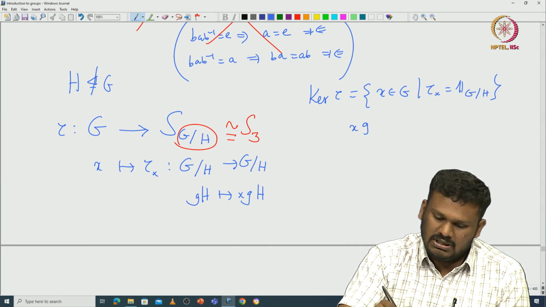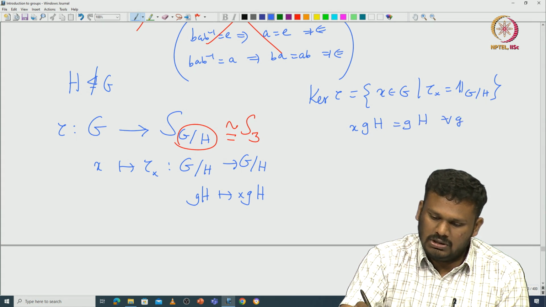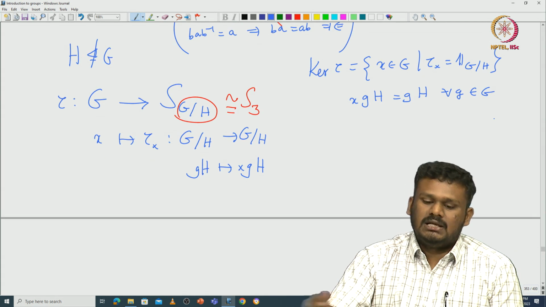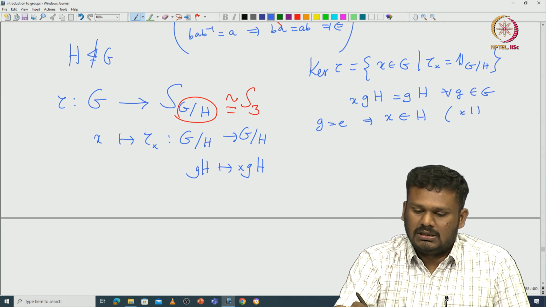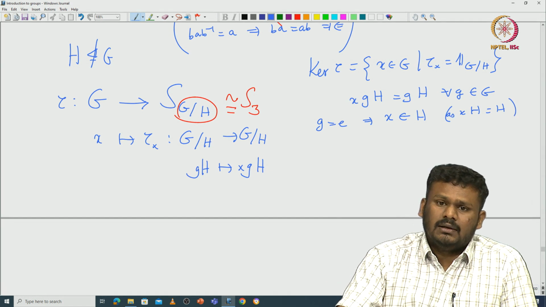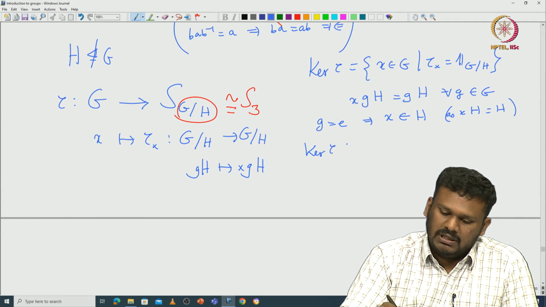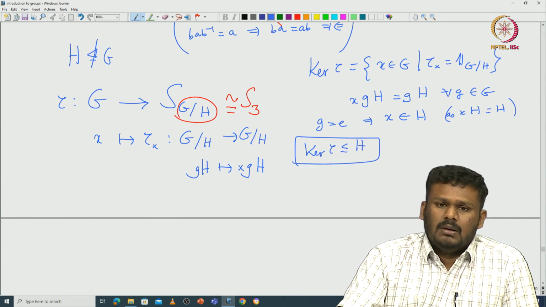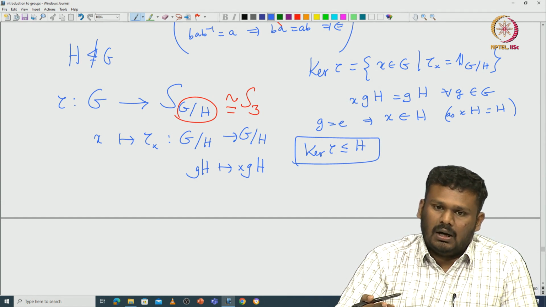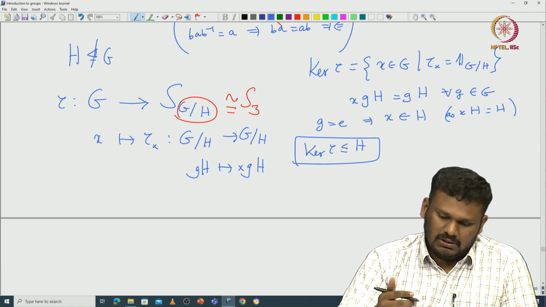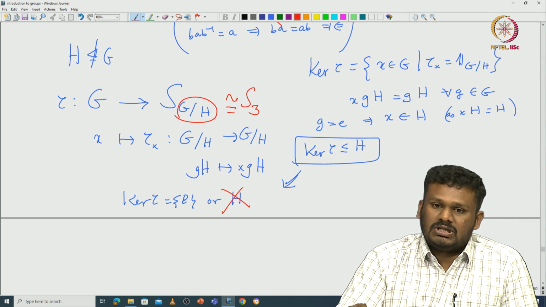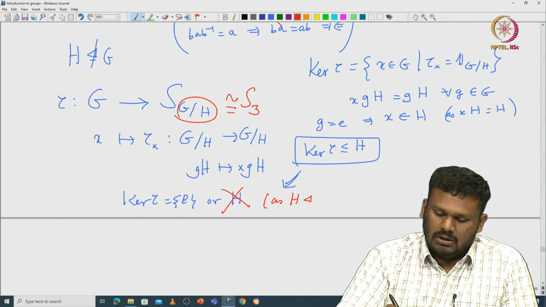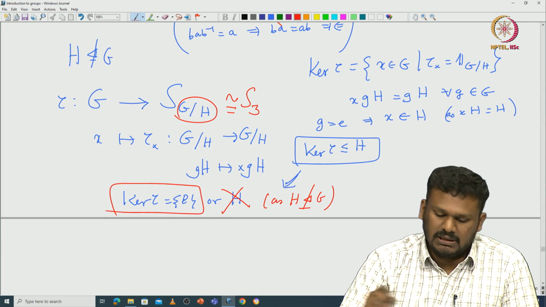That means x g H should be g H for all g in G. By taking g identity, you can see that x is in H because x H is exactly H. So, that implies the kernel of tau is a subgroup of H, but H has only 2 elements, so the kernel is either trivial or capital H, and it cannot be capital H because H is not normal in G.